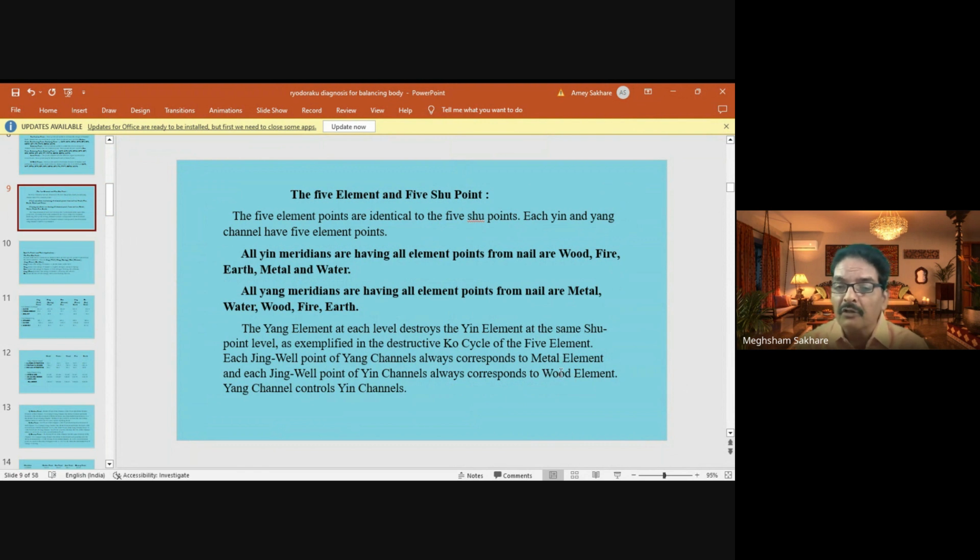Hence, metal controls wood, or metal destroys wood element. Yang channel controls yin channel. At the same time you can say in our life, husband controls wife.